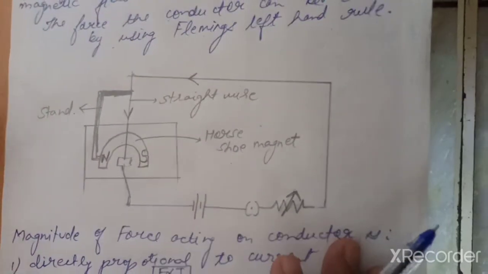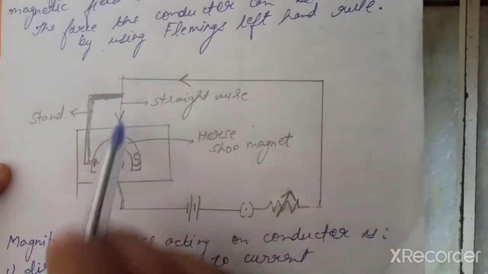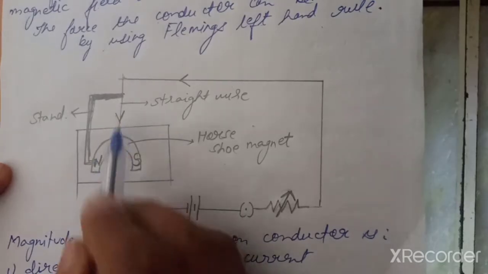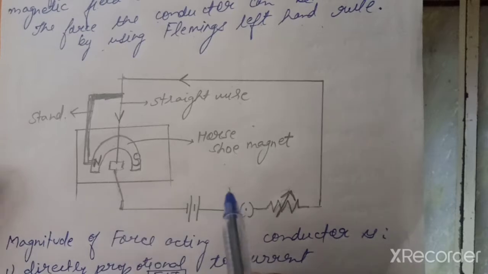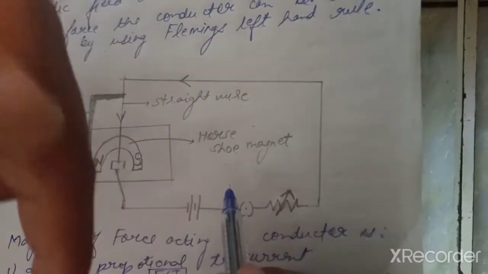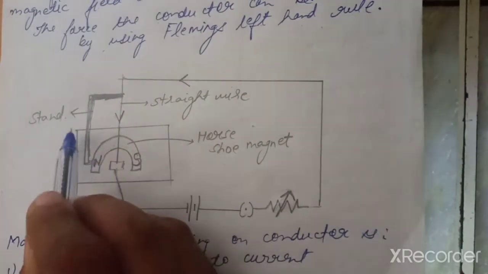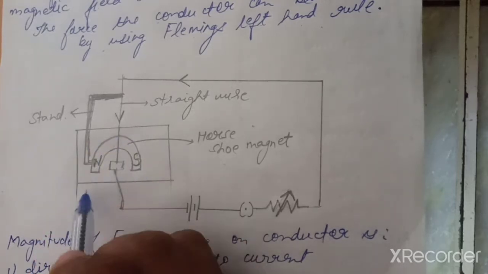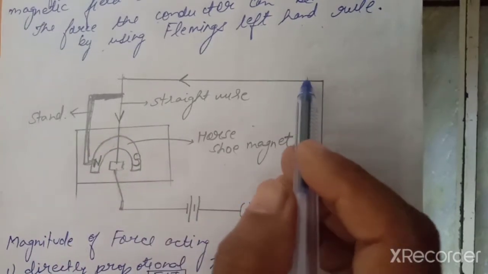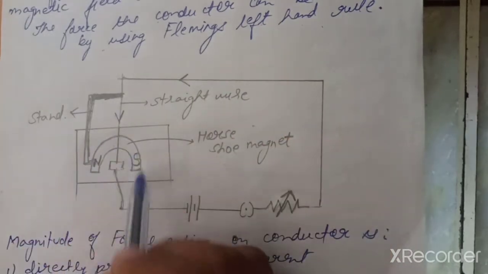Now what we are doing, we are taking a straight wire, and it is hung from here so that we can see the movement of the wire. We are keeping a horseshoe magnet here so that there will be generation of a magnetic field.